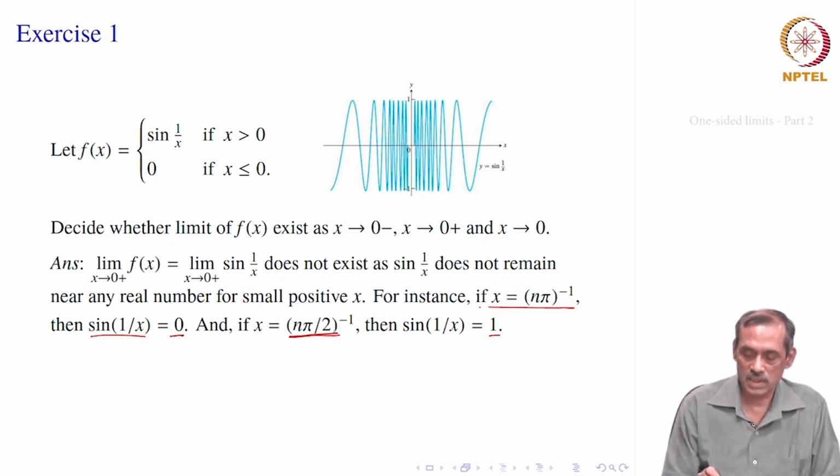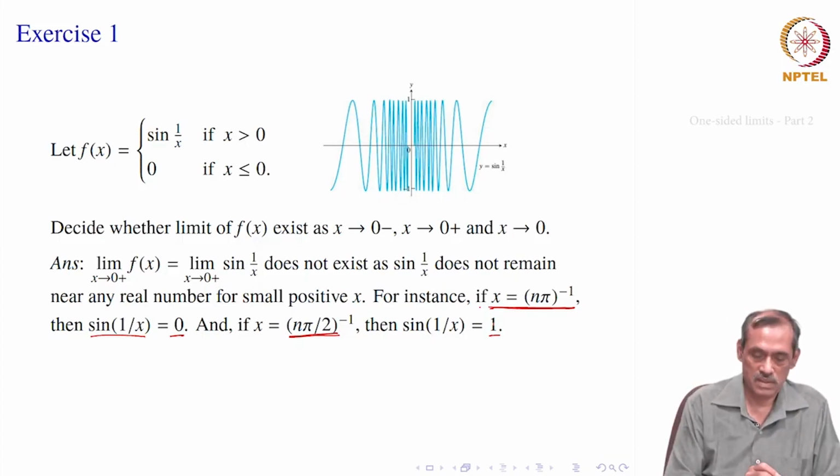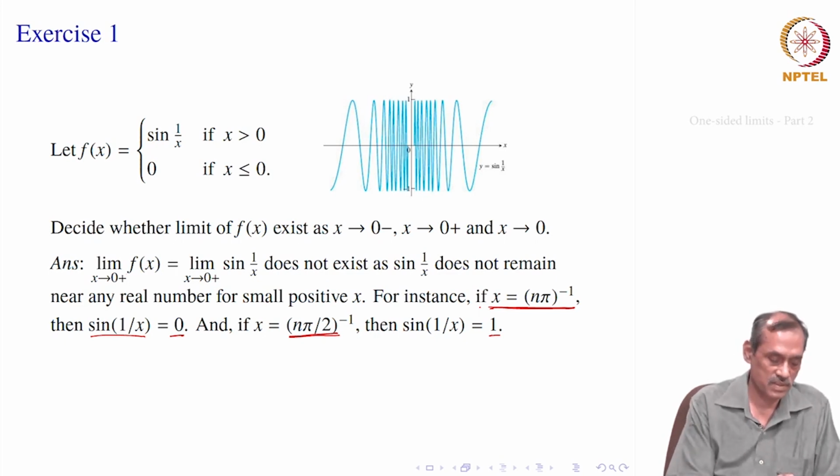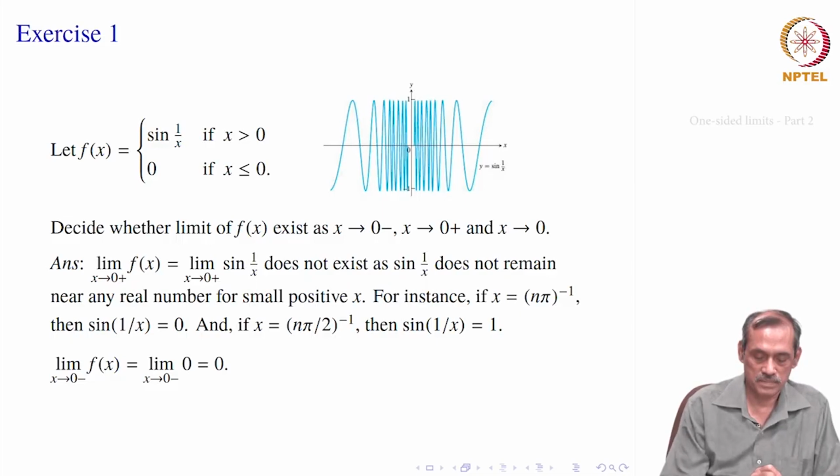At these points it does not remain near 0, at these points it does not remain near 1. So, the limit does not exist, that is, the right sided limit of this function at x equal to 0 does not exist. What about the left side limit?